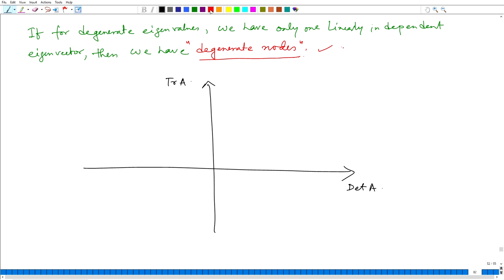Then you can actually draw a parabola on which trace A whole square is equal to 4 determinant of A, that means the discriminant of lambda 1 and lambda 2 is 0.